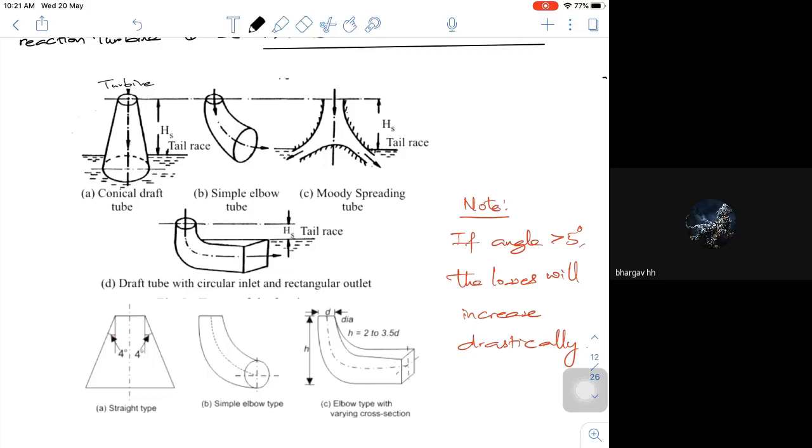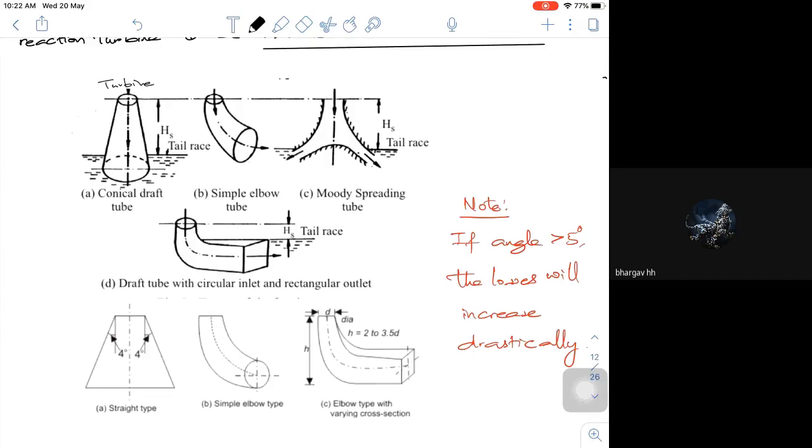And then we have the elbow type with a circular inlet and rectangular outlet. This draft tube is used where I have some kind of height restriction, and also I need to immerse a significant portion of the draft tube in the tail race.